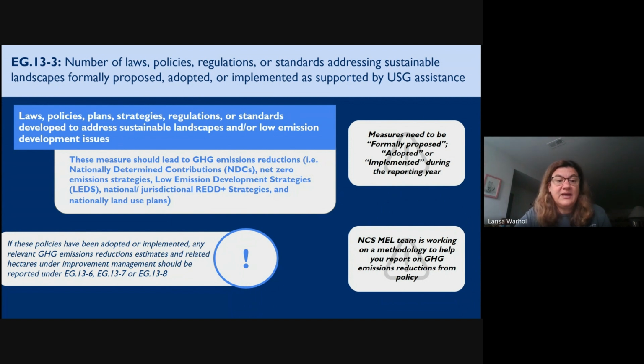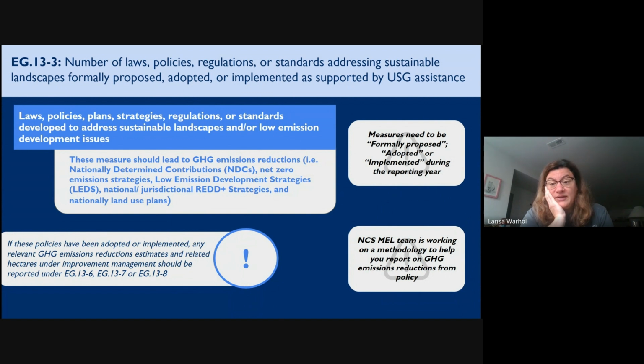It can be looking at NDCs, REDD+ activities. This is a fairly broad category, but at the end of the day, all these capacity building or enabling environment activities should be contributing in some way to greenhouse gas emission reductions. So we just want to reiterate that you should be thinking about how to report not just on 13.3, but also on 13.6, or 13.7 or 13.8.